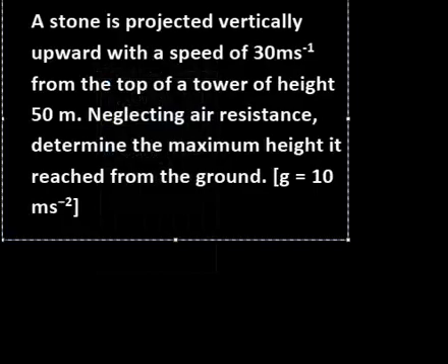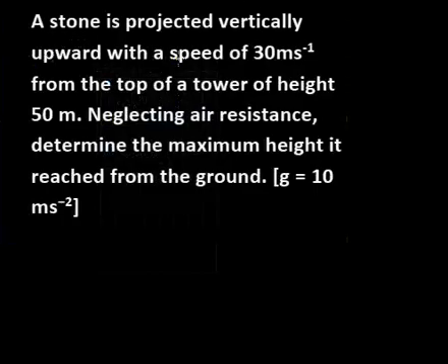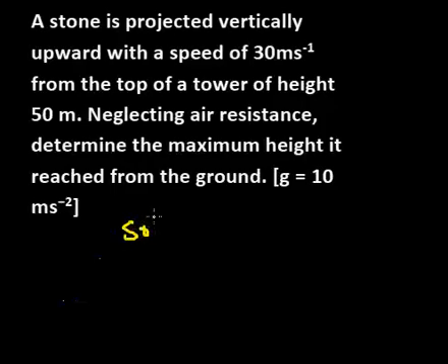Question number 2. A stone is projected vertically upward, the same upward projection, with a speed of 30 meters per second. So, solution. Remember, we need to write down our parameters so that we'll be on a very safe side. Vertically upward, and the speed is 20 meters per second.